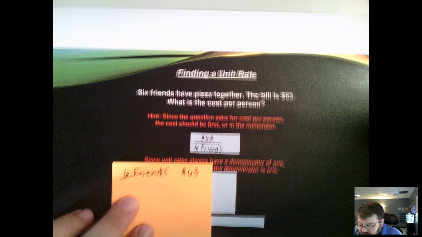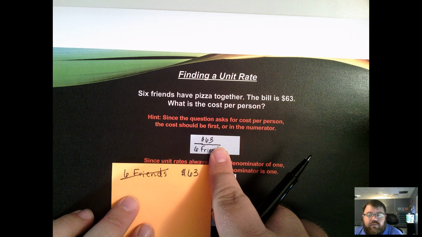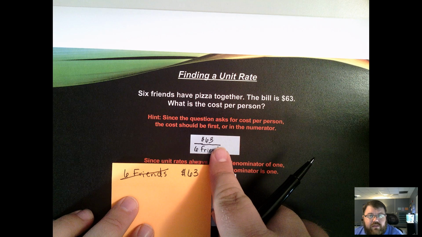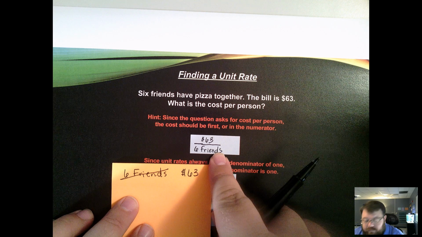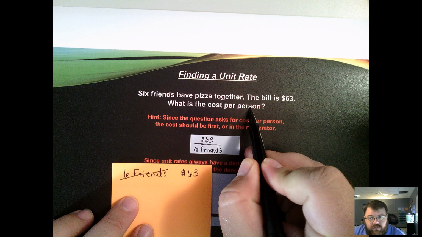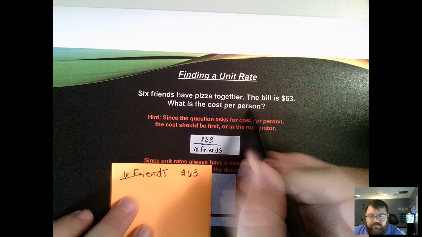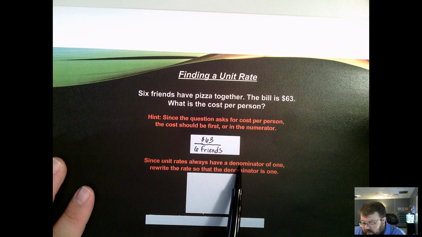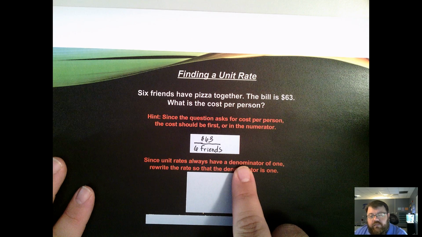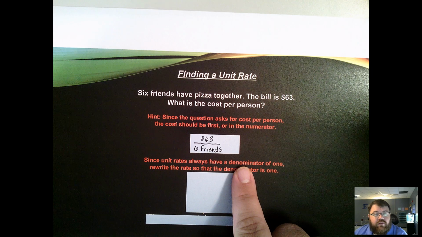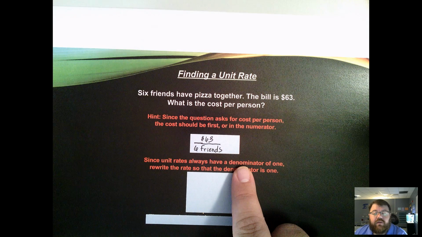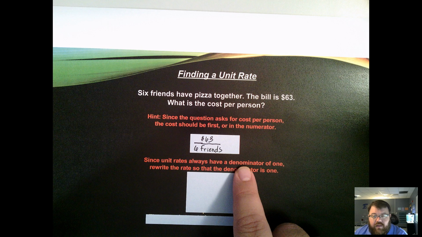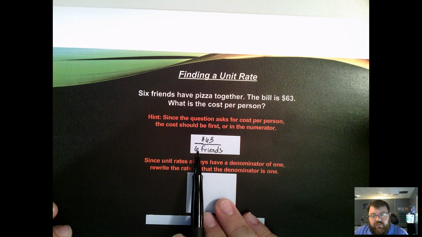Now, here we have a rate. Think about how I set this up. I put the friends on the bottom because it said per person. Since unit rates always have a denominator of 1. Now, denominator is a word dealing with a fraction that is talking about the bottom number. So the denominator is talking about this bottom number.